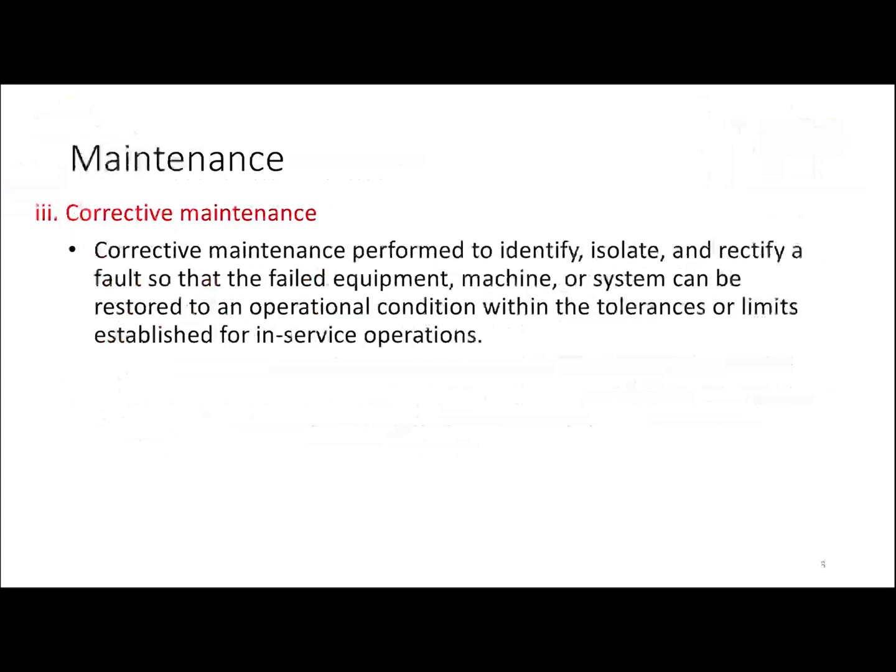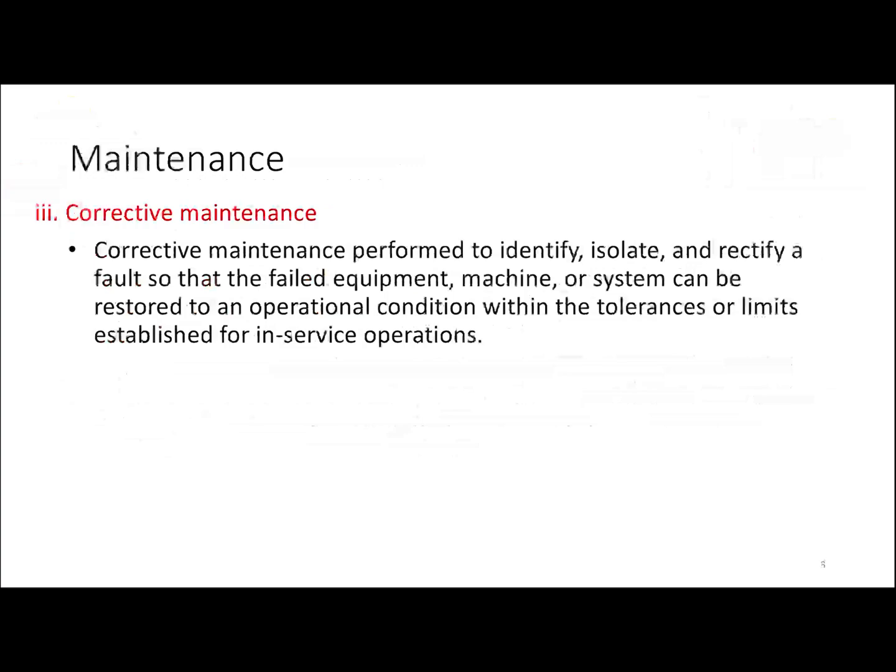This is typically performed when the machine has already failed. This maintenance type is performed to identify, isolate, and rectify a fault so that the failed equipment, machine, or any system can be restored to an operational condition within the tolerance or limits established for in-service operations.